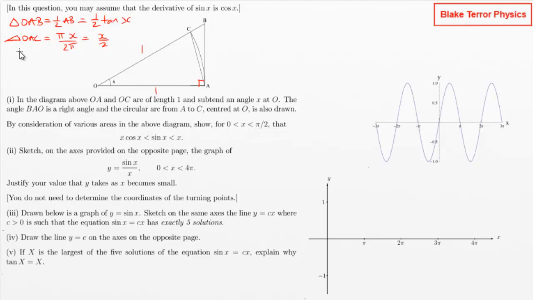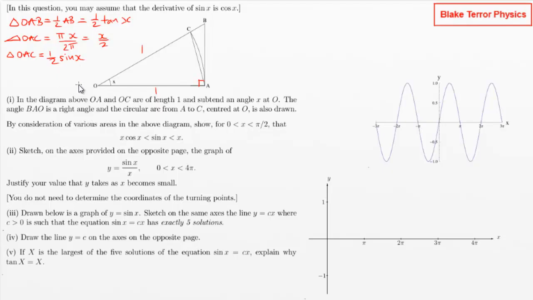Then we've got the little triangle, triangle OAC. It's isosceles. We've got 2 sides of length 1, and we've got the angle between them. So a half times sine x, which is just a half of sine x.